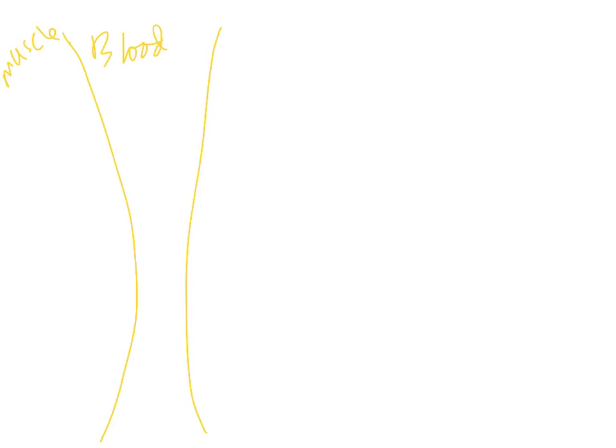Redraw, new piece of paper. I guess I'm really into yellow today, so let's stick with the yellow. Blood, muscle, liver. I'm going to make the mitochondria way tiny over here, a little tiny amount of space.